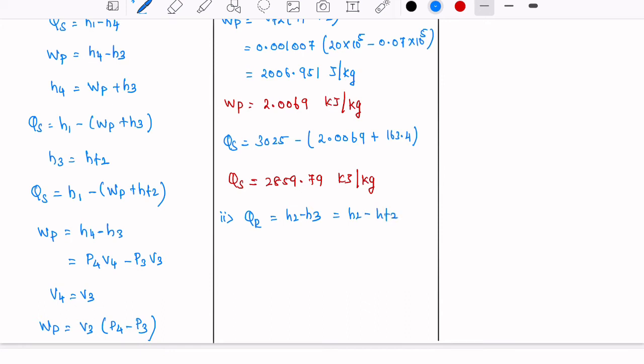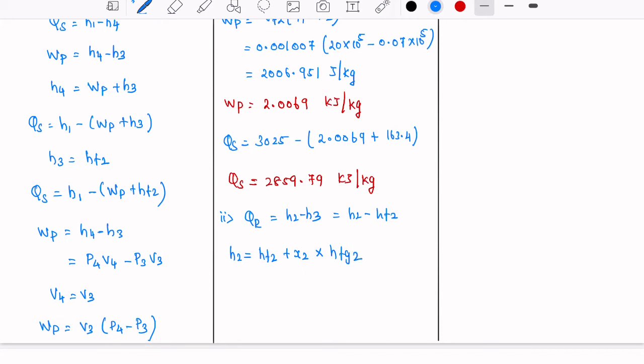We need to find the value of H2. The value of H2 can be found from the equation which states that H2 is equal to HF2 plus X2 into HFG2.